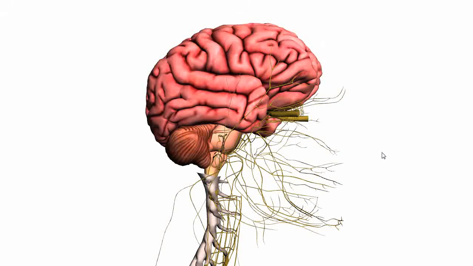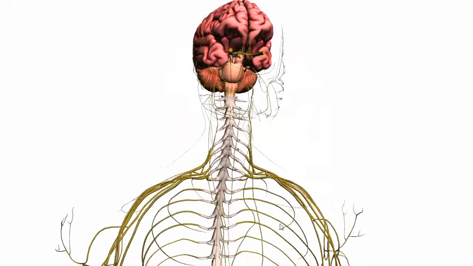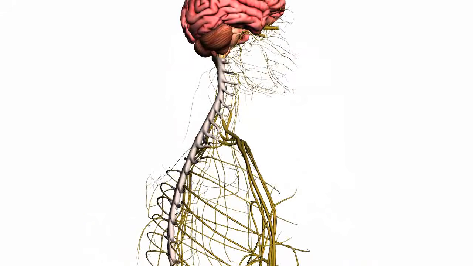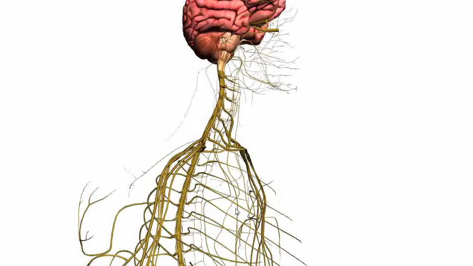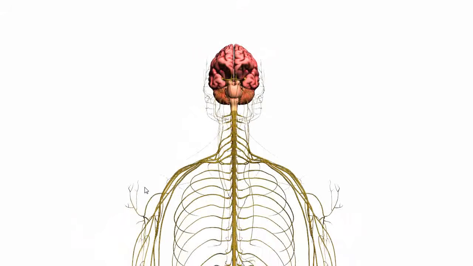Dorsal is superior and ventral is inferior. And that's primarily used in the brain in human anatomy. And then in the spinal cord, dorsal is posterior and ventral is anterior. So that's a little bit confusing, but it's useful to be aware of before you start hearing it and getting confused.